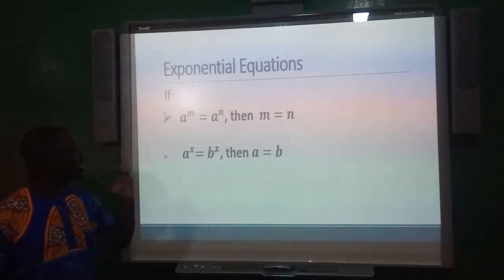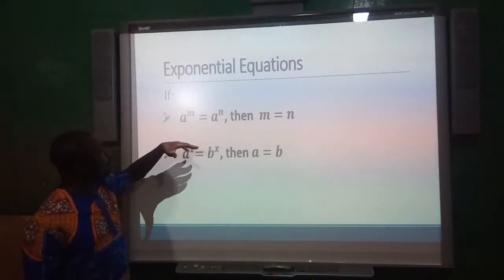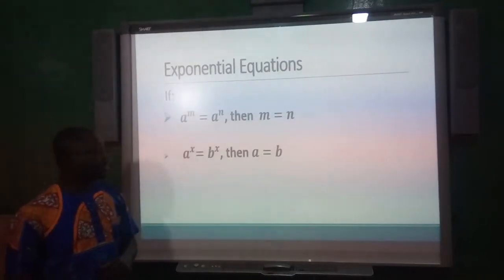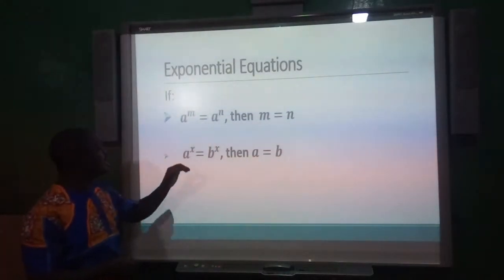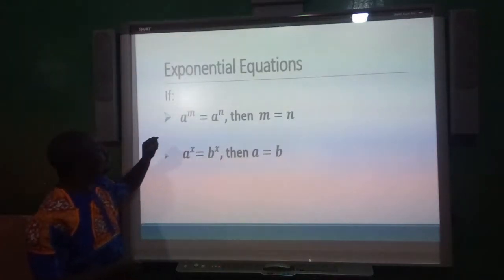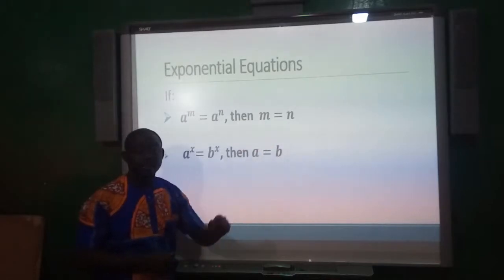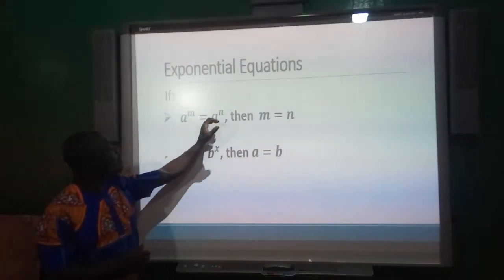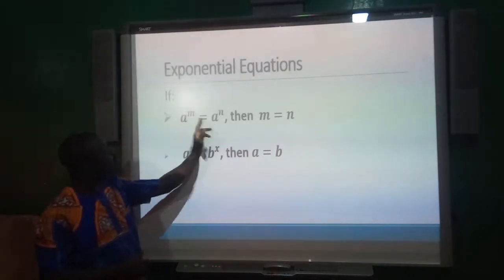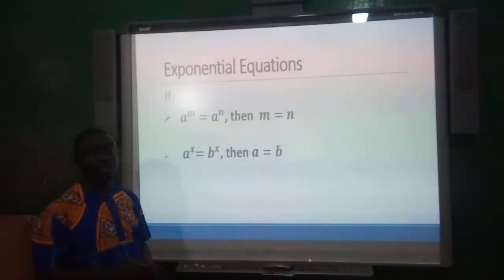Before you do that, let's look at this. If you have a raised to power m is equal to a raised to power n, then we are saying that for mathematics this can only be possible if m is equal to n, else this can never be possible. So the moment the bases are equal, then the exponents too should be equal, else they cannot be equal.